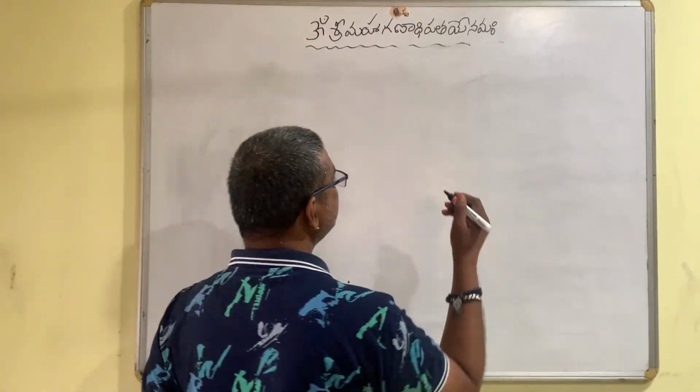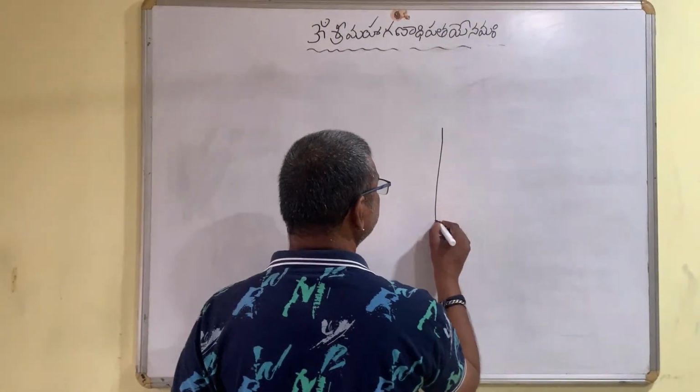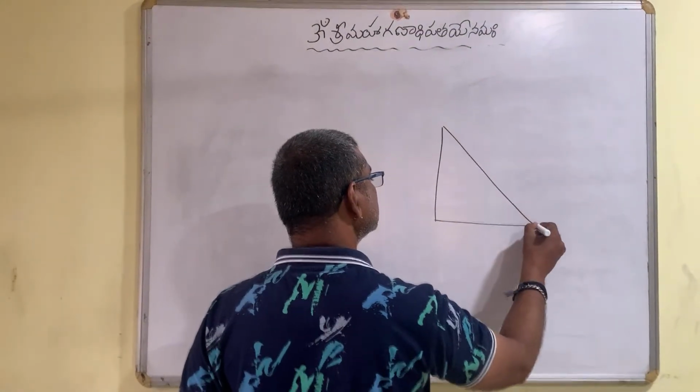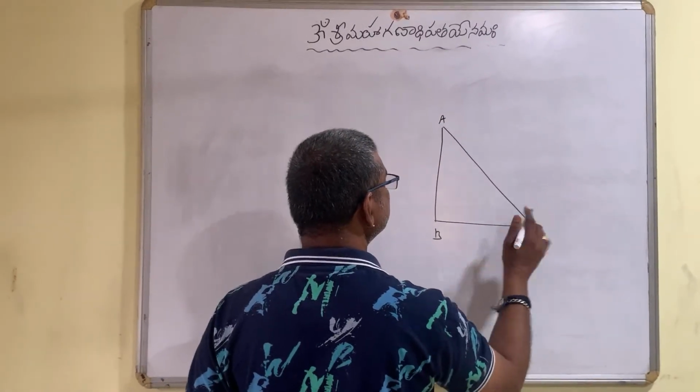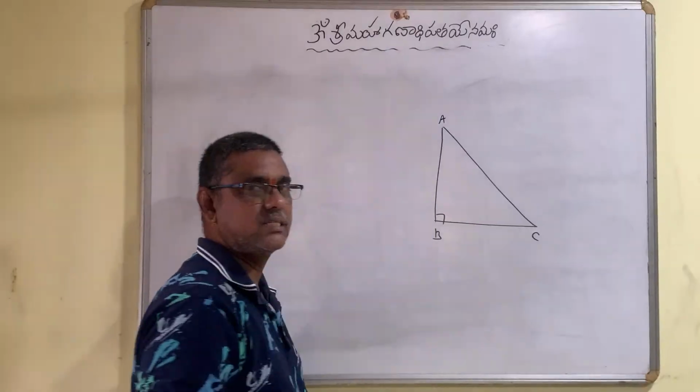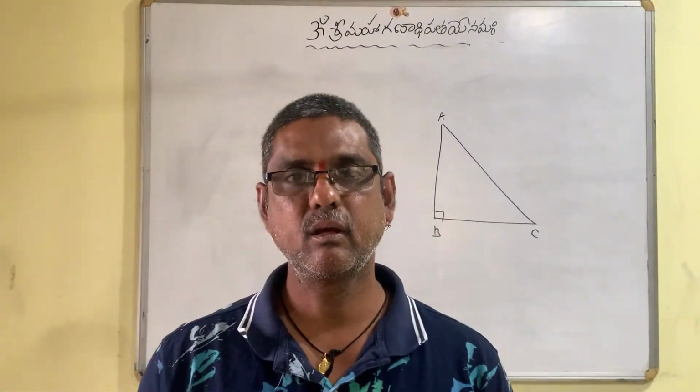Now consider a right angle triangle ABC, right angled at B. Okay.